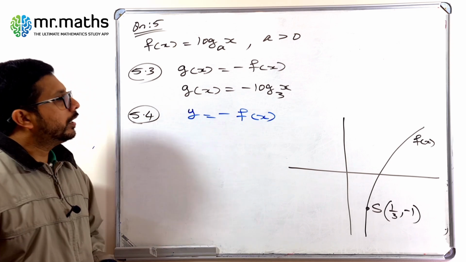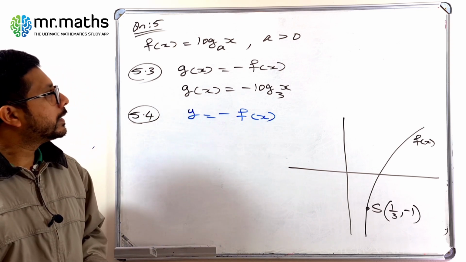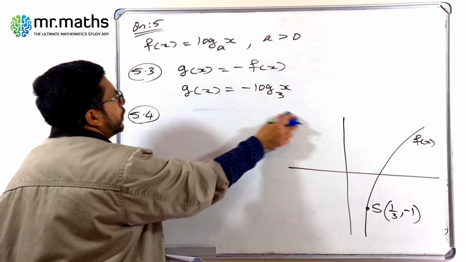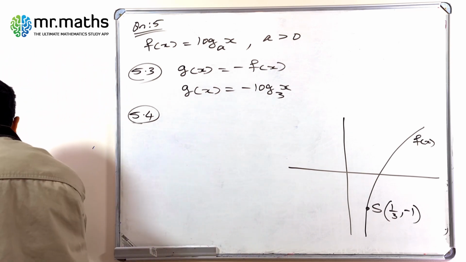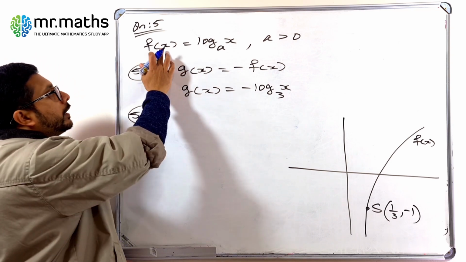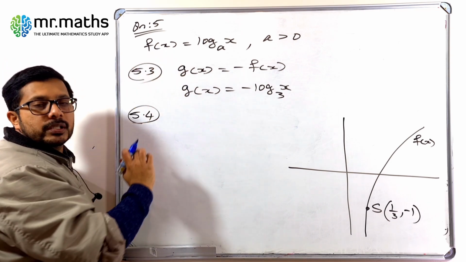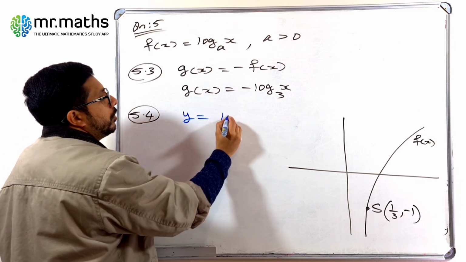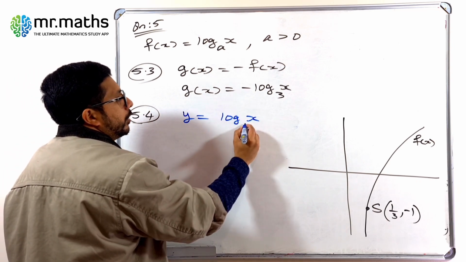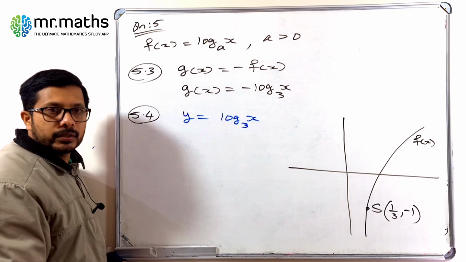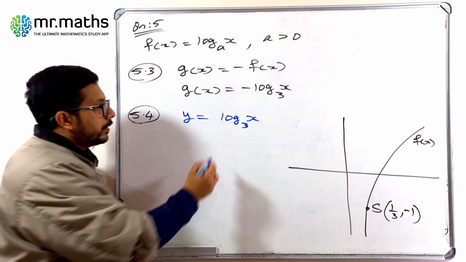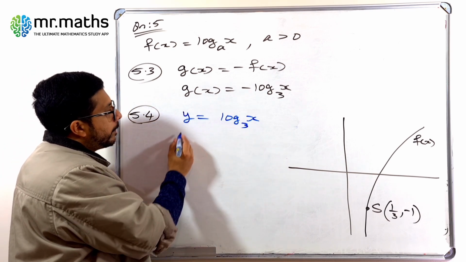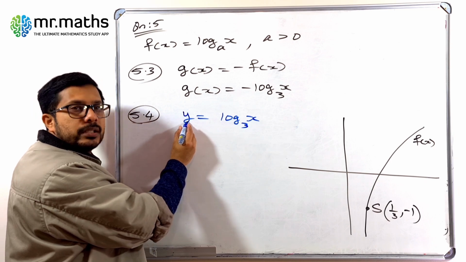Let me write it like this. F of x, we know that it is y. So y is equal to log x to the base 3, where a is 3. So this is actually f of x. Now I'm going to change the sign of this y.